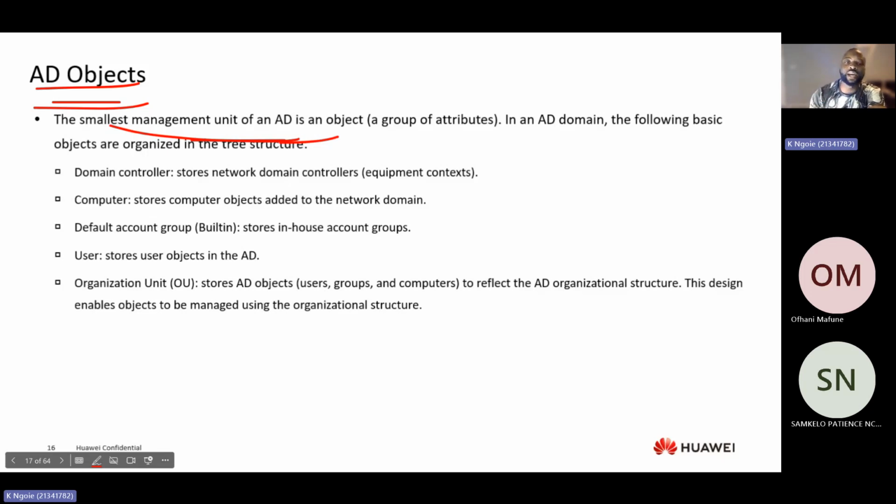The hierarchy will allow administrators to structure resources logically, similar to a file system. In this case, we're going to have different types of AD objects, such as the DC, the domain controllers. Your domain controllers will be a server that stores a copy of the Active Directory database.